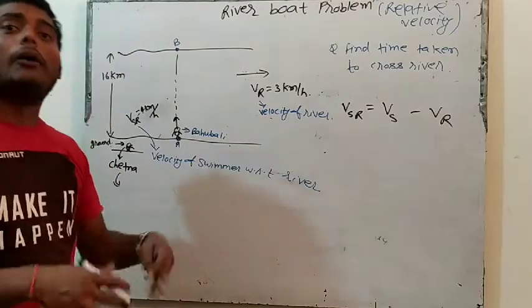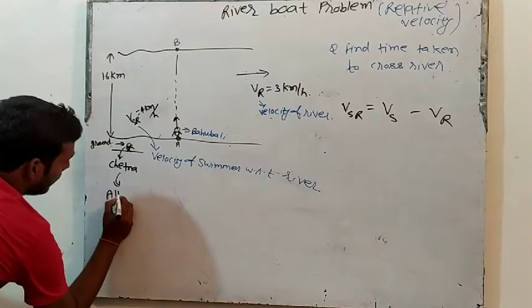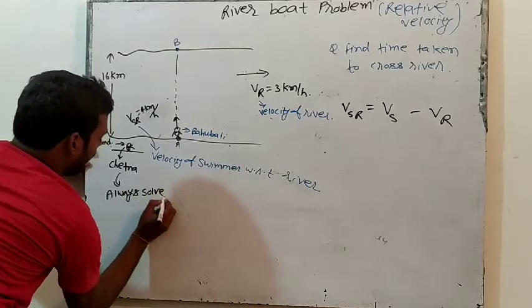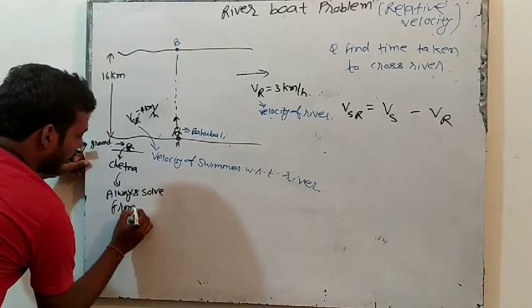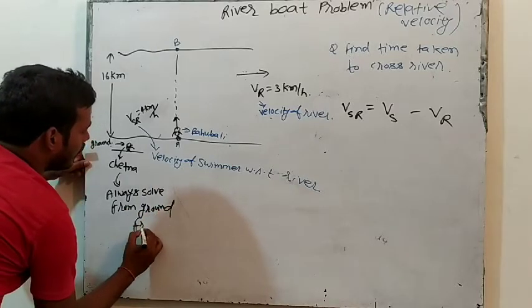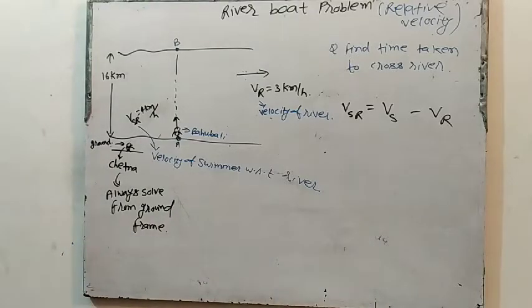That's why our frame of reference will always be ground. So write it: always solve from ground frame. Always solve this type of question from ground frame. Why? Because our ground is at rest. This is known as an inertial frame actually.